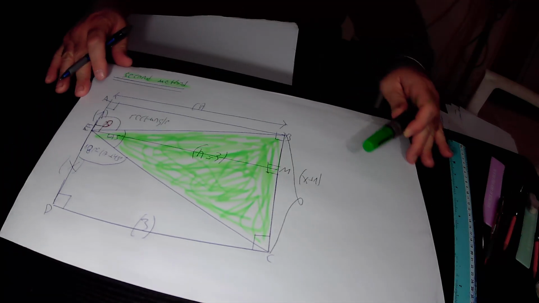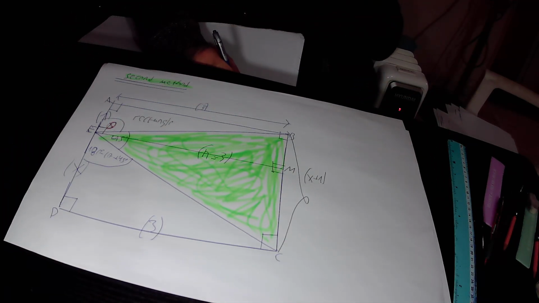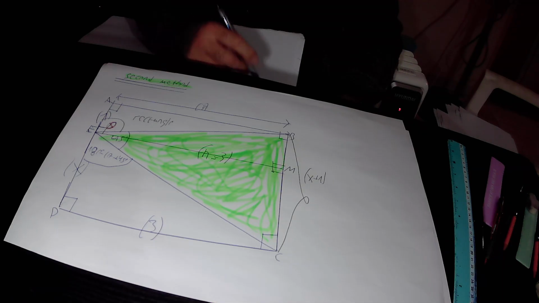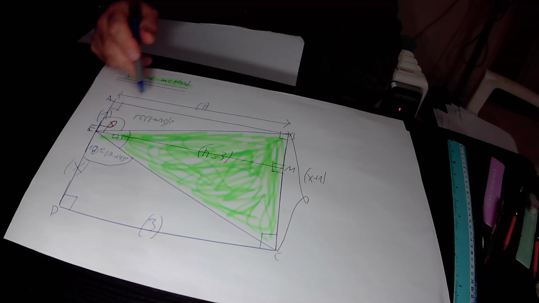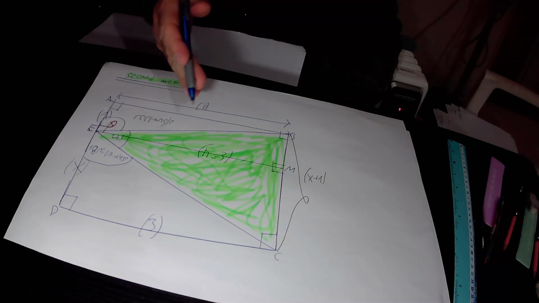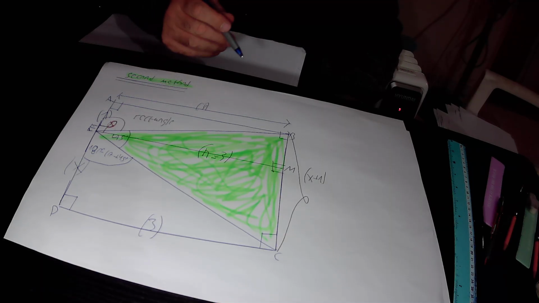Our task is to find the area of this green shape. The green shape is triangle EBC, so our task is to find the area of this green triangle EBC.